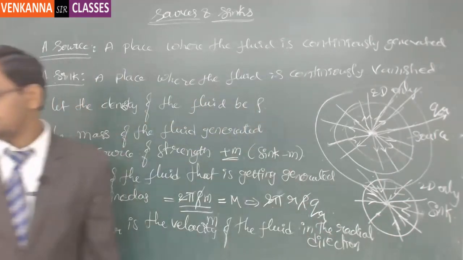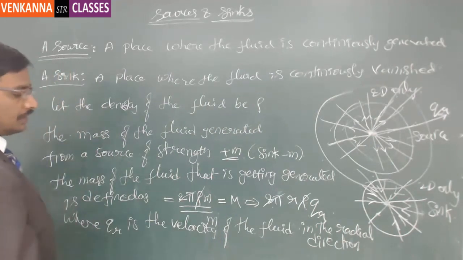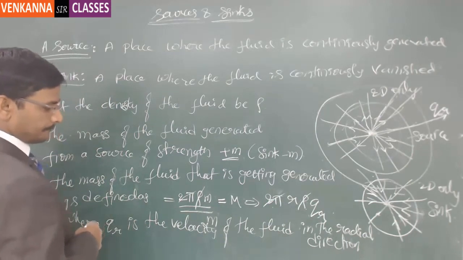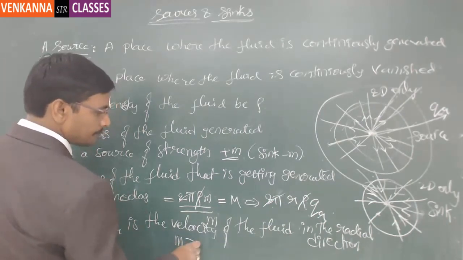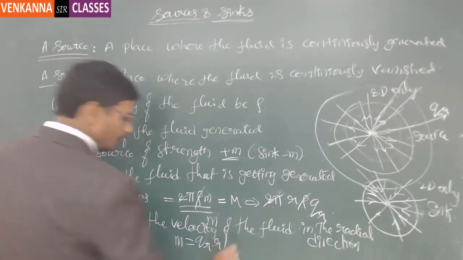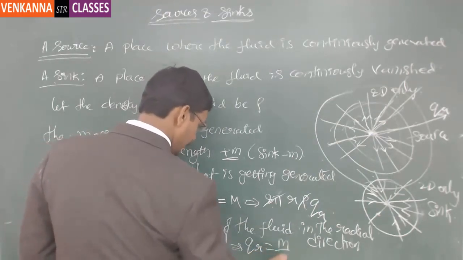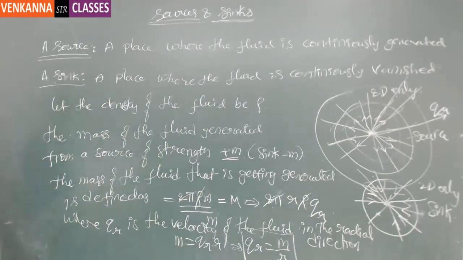Got it? So from this what you can get is m is equal to qr into r, or it implies qr is equal to m by r. Note down till this point.